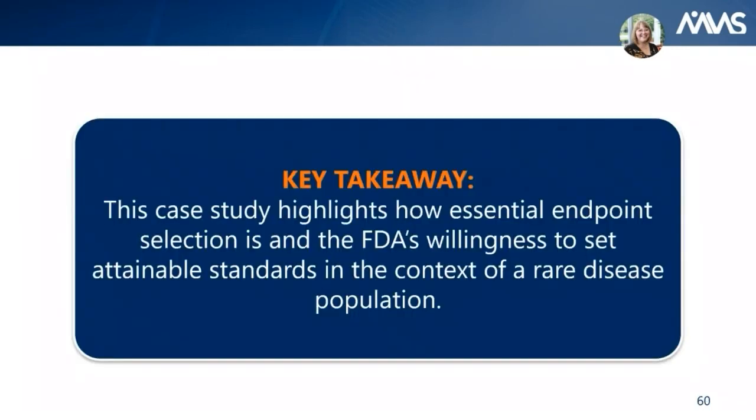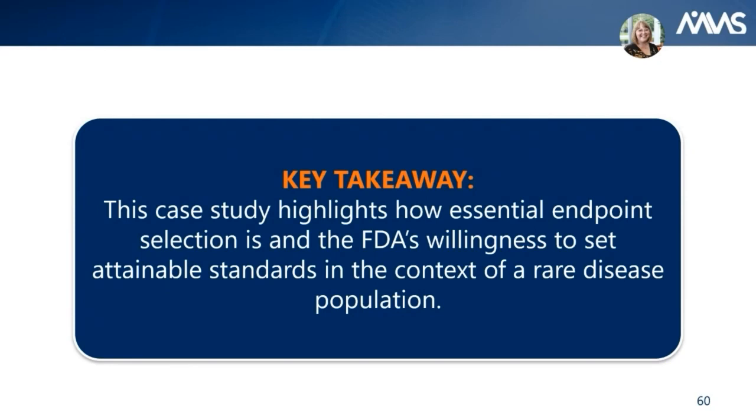So if we go to the key takeaway, what this case study is intended to show is how essential endpoint selection is, and that the FDA really is willing to set an attainable standard in the context of a rare disease population.